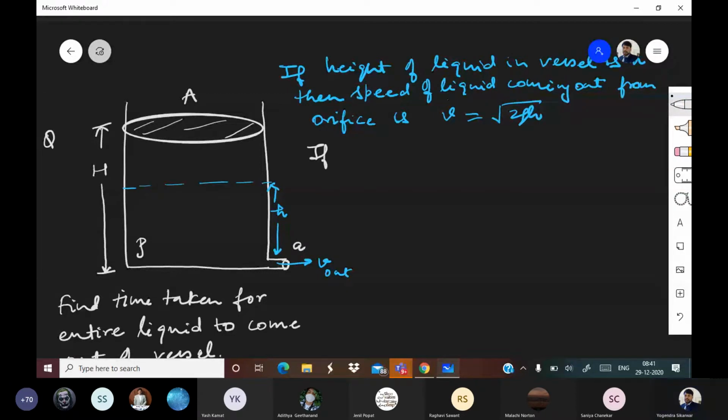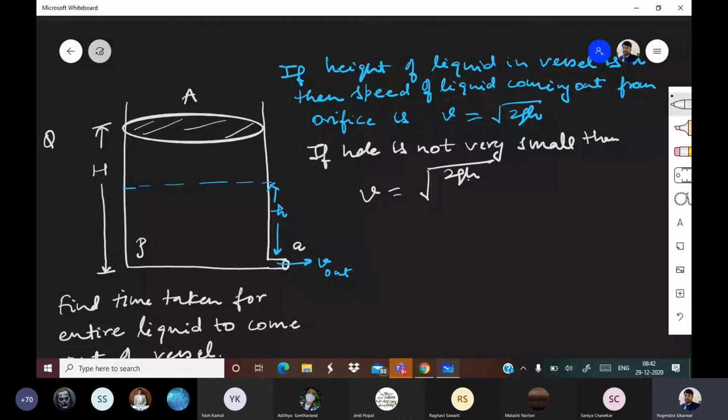If hole is not very small, then V is equal to under the root of 2gh upon 1 minus small a square upon capital A square. I hope you remember these two questions. We solved these two and we are using that data directly.